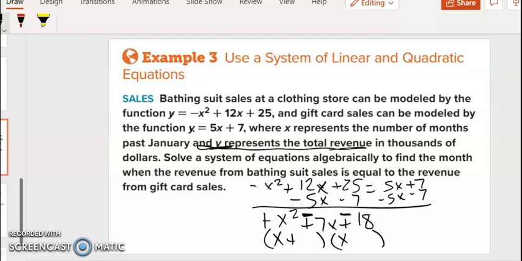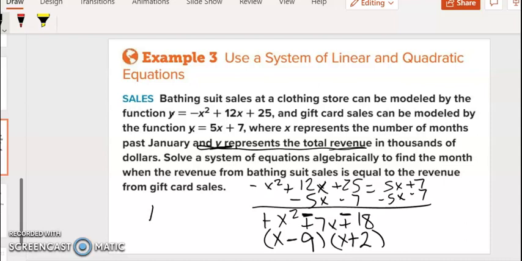So x plus and x minus. And 2 times 9 would give us our 18. Okay, and I do need a negative 7. So my 2 would have to be positive, my 9 would have to be negative.